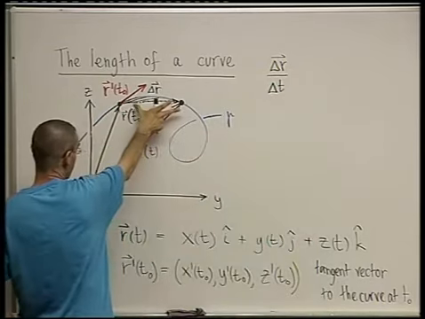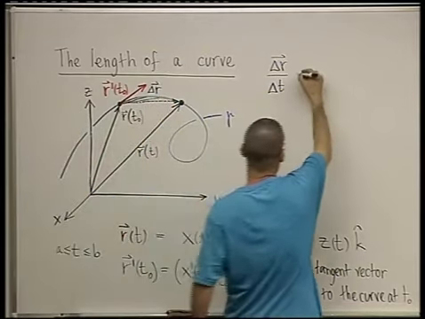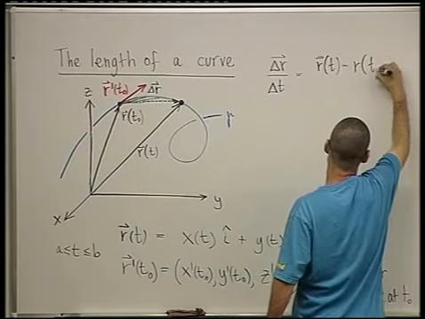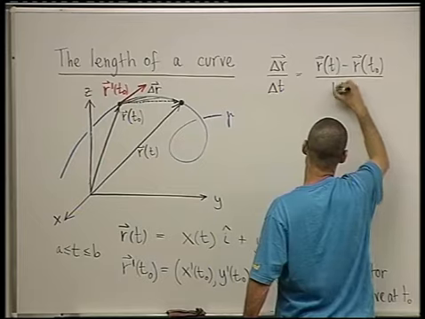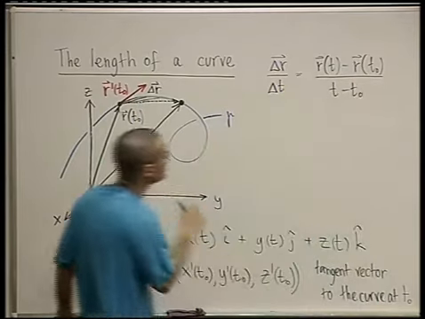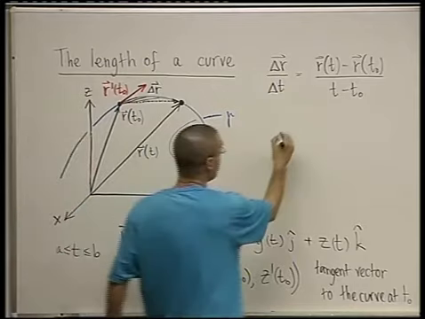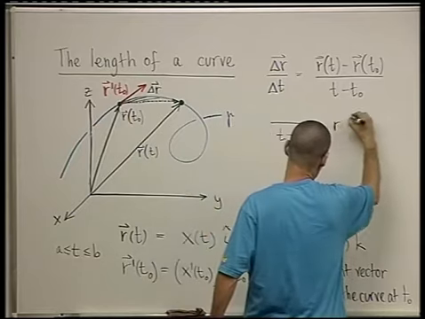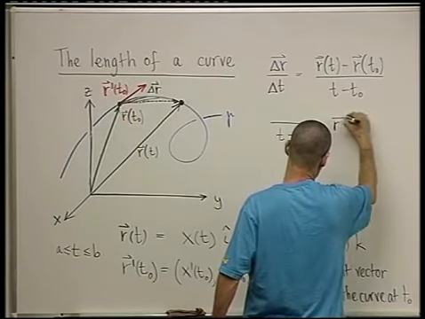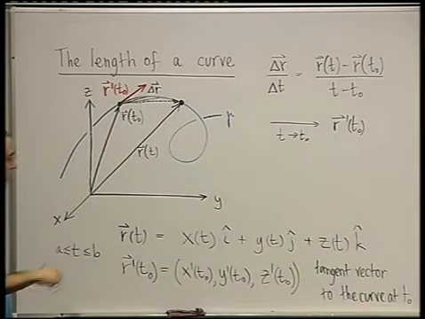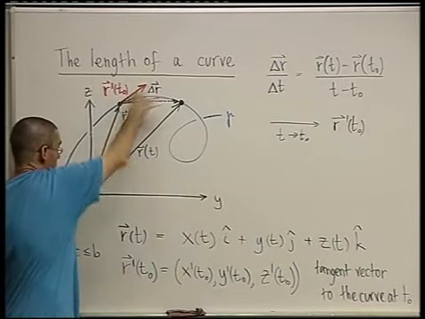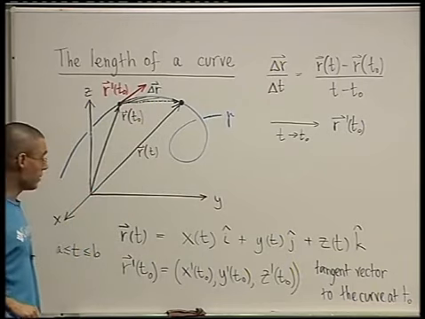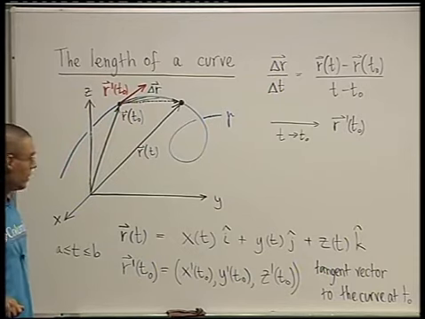That was kind of a scaling of these secant vectors, which was a different way of writing r at t minus r at t0 divided by t minus t0. That's the definition of delta t. And then when t approaches t0, what we got is precisely r prime at t0. So this was the theoretical construction of saying that this red vector here, the tangent, is simply the derivatives of the three functions that comprise the parameterization of the curve.